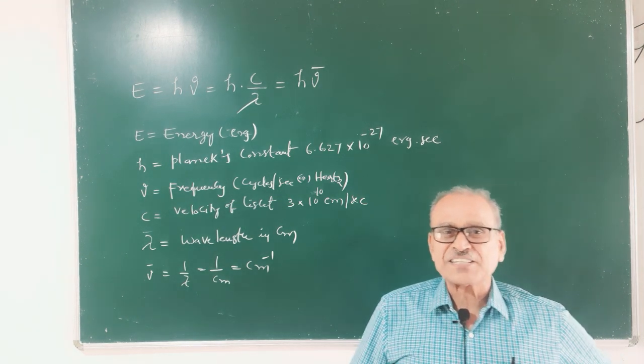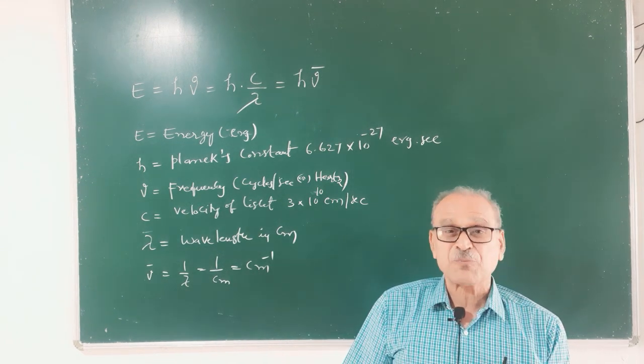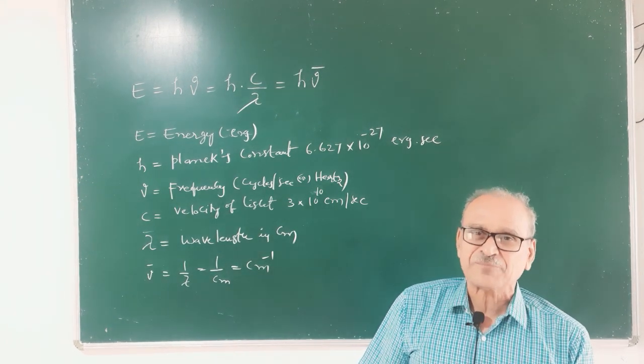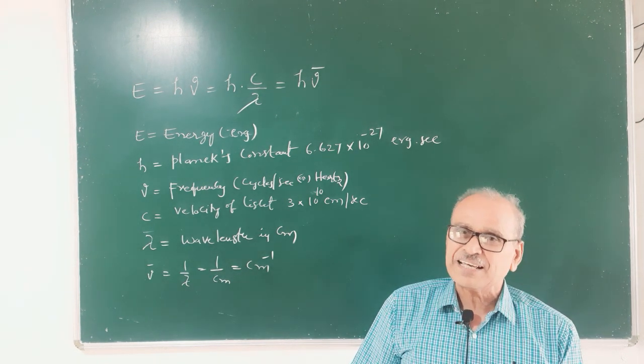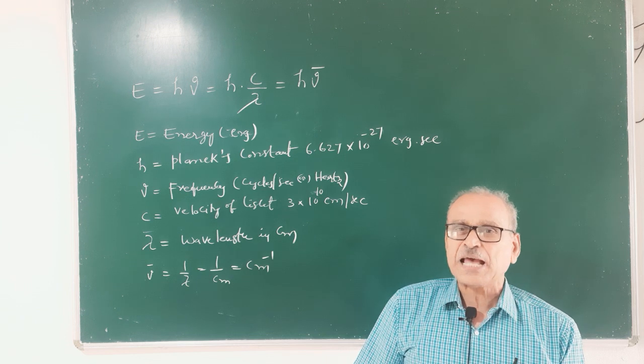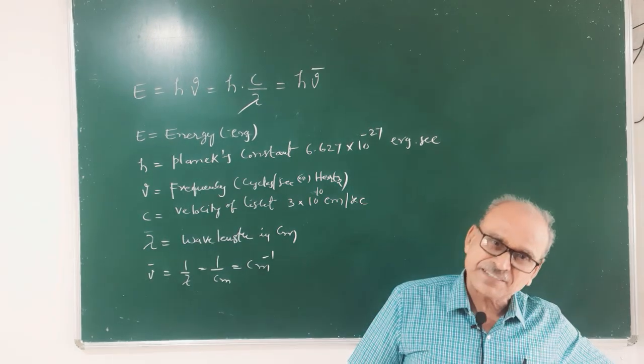To explain these discrete lines in the hydrogen spectrum, Niels Bohr proposed that in the hydrogen atom, energy levels are also quantized, given by another famous equation, mvr = nh/2π.